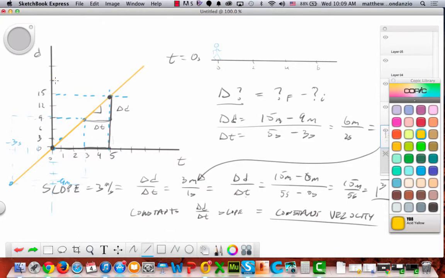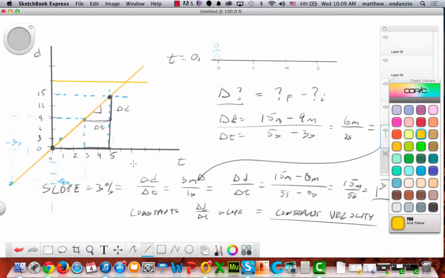What does this mean? If my curve looked like this, don't talk about velocity yet. Just say, what does it mean? Think about what this means. I'm not moving. Why do you think I'm not moving? As time moves along, my position is not changing.